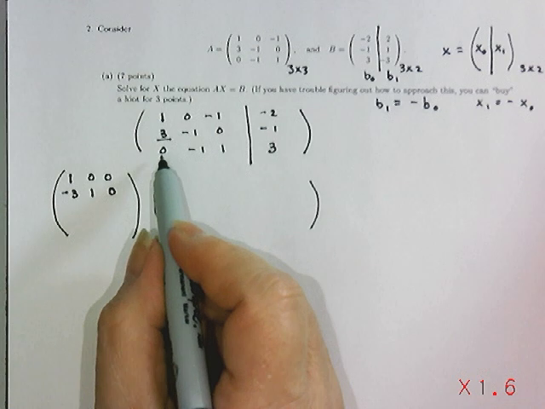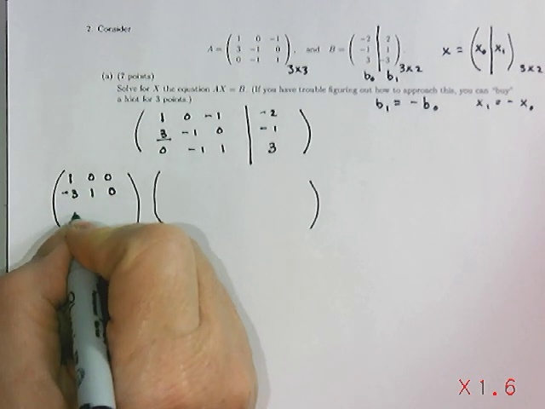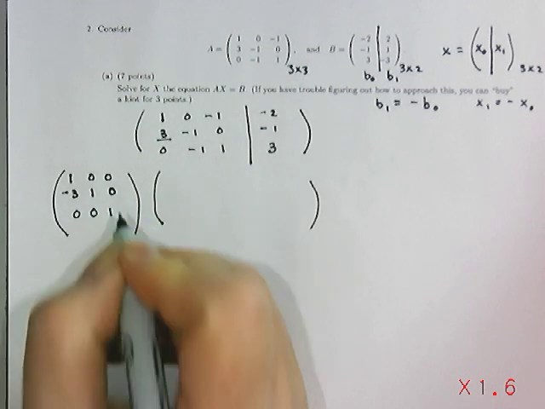And then the last row has a 0 already in that entry, so I can leave it as is.